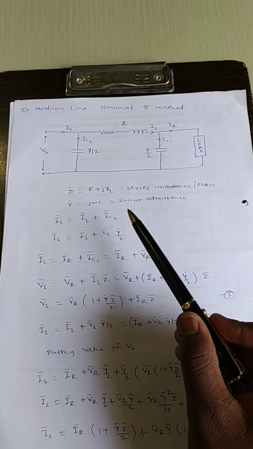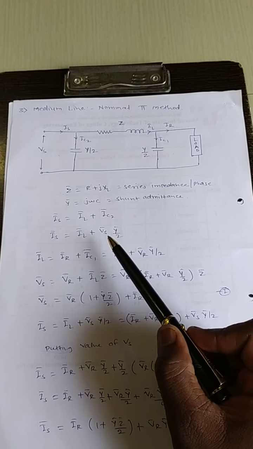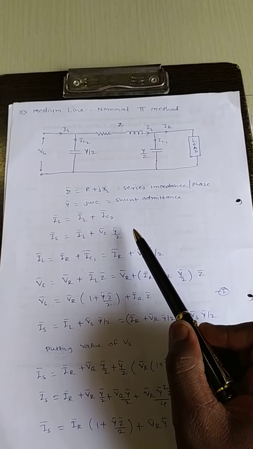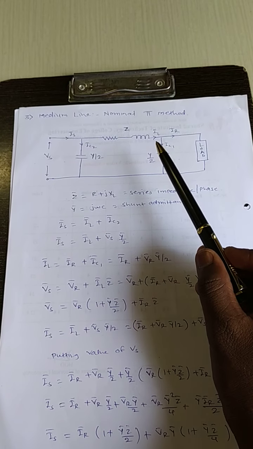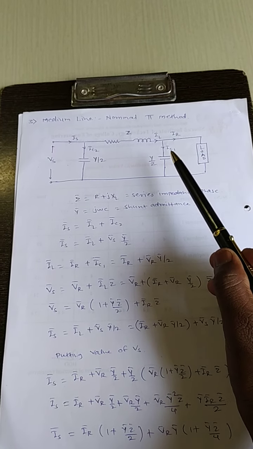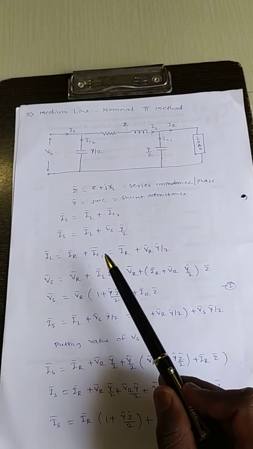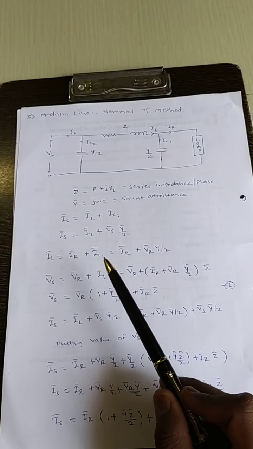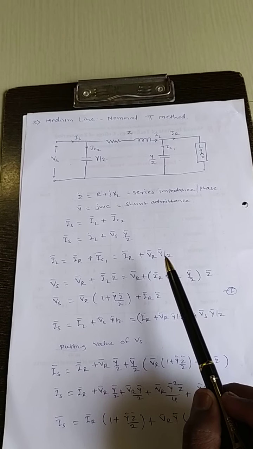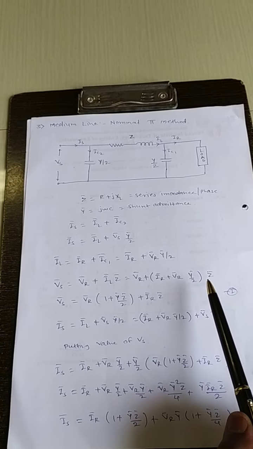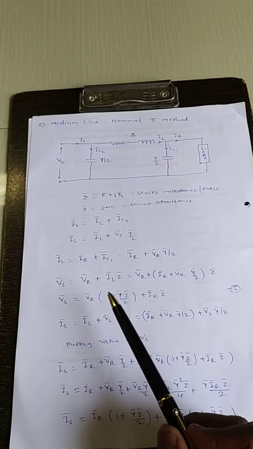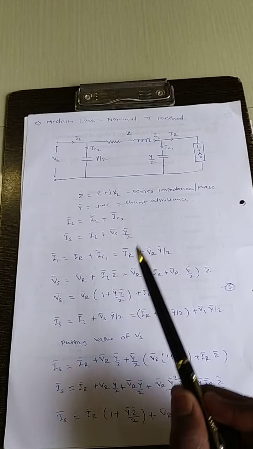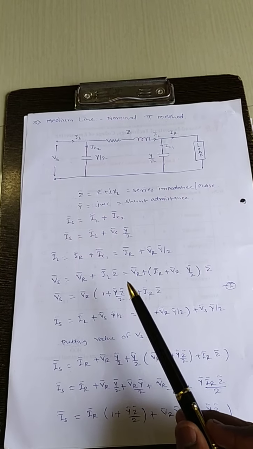Put the value of IC2 in this equation, that is, Vs into Y by 2, and we get the sending end current. Then the current IL is equal to IR plus IC1. We put the value of IC1, that is, VR into Y by 2. Then the sending end voltage is equal to VR plus IL into Z.